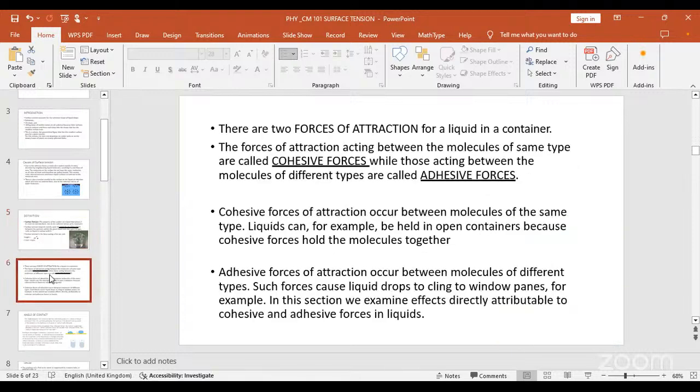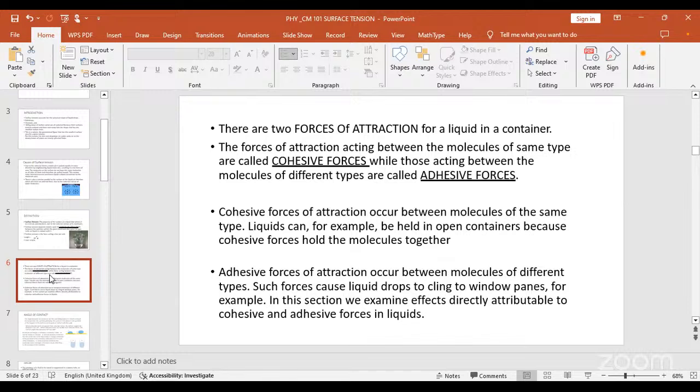There are two forces of attraction for a liquid in a container. One of them is cohesive force, and the other is adhesive force. Now, the cohesive forces occur between molecules of the same type.